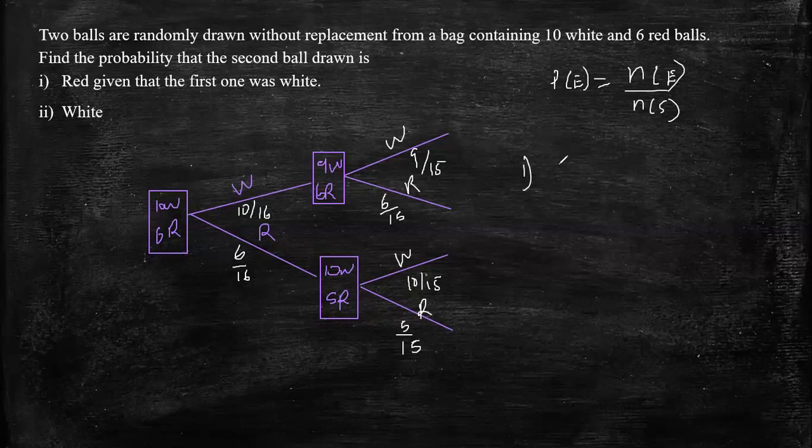So for Roman 1, we look at the probability of W1 intersection R2, where we first pick a white ball and then a red ball. So this is going to be 10 out of 16, multiplied by 6 out of 15.